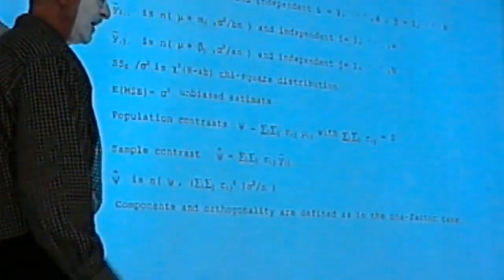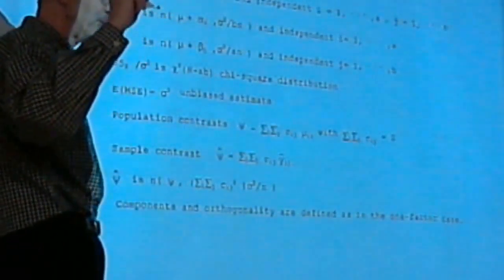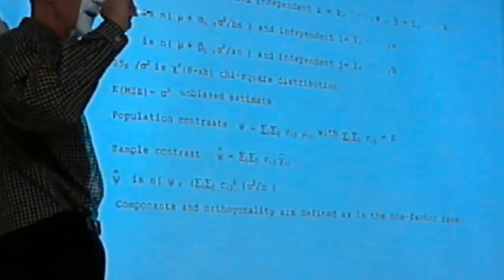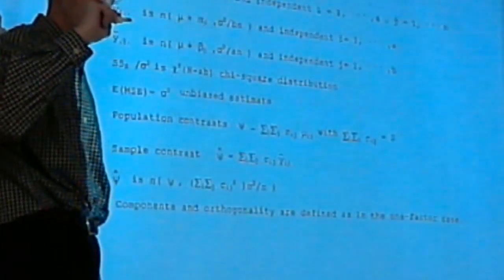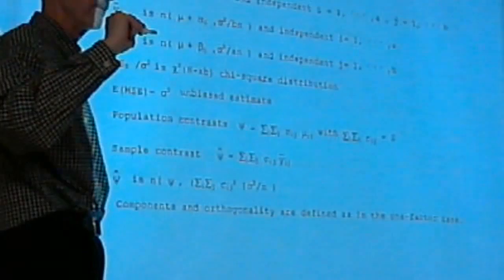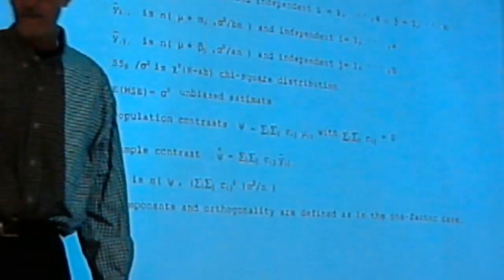Remember in our model, when we have all these cells in the two-dimensional array, we assume that the variances of those distributions are all the same. And that sort of perhaps slides by your eye without thought. But it's back at the very beginning.